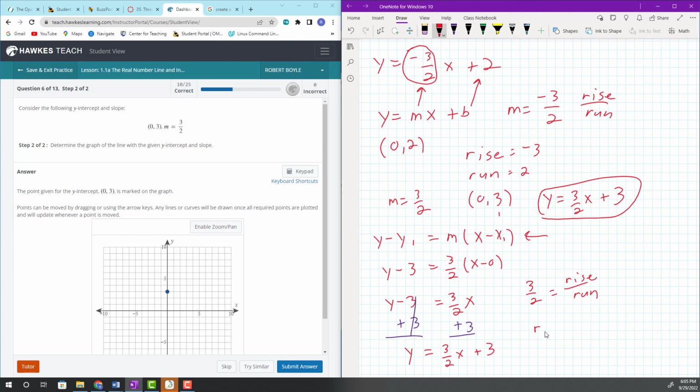So we have a rise of 3 and a run of 2. So starting here, rise 3, 1, 2, 3, a run of 2, 1, 2. That is your second point. And hopefully that will work. Yes.